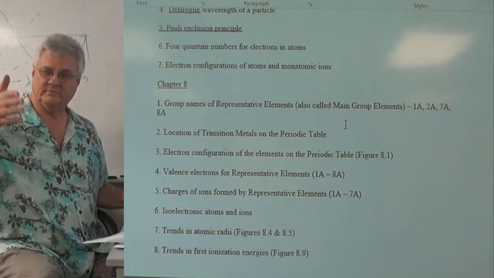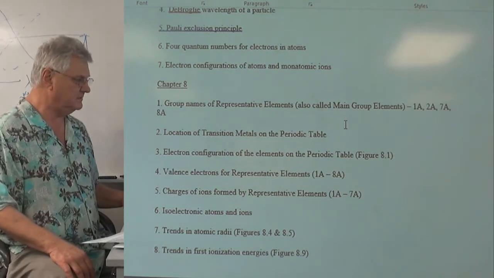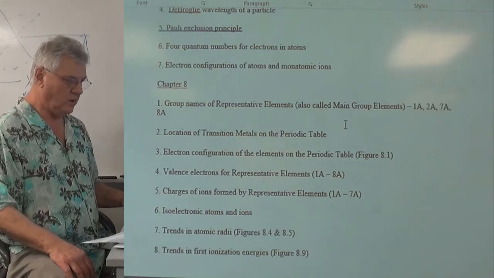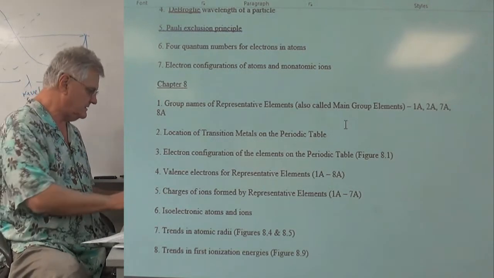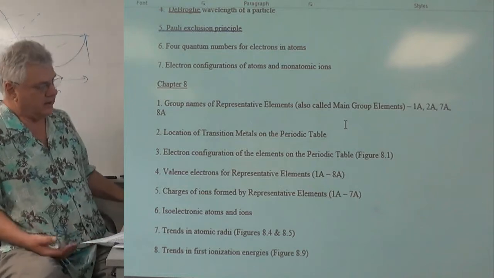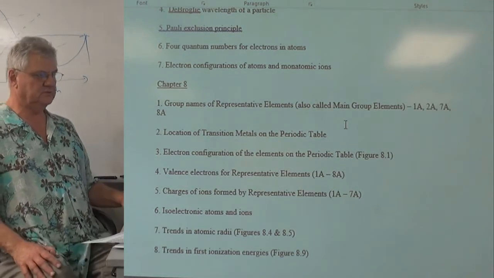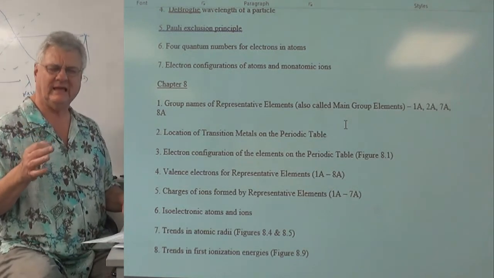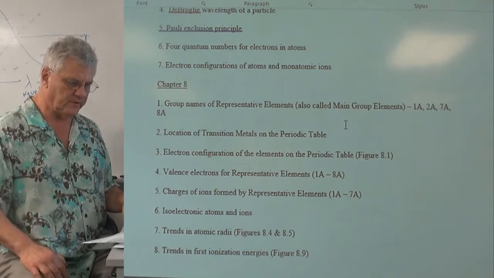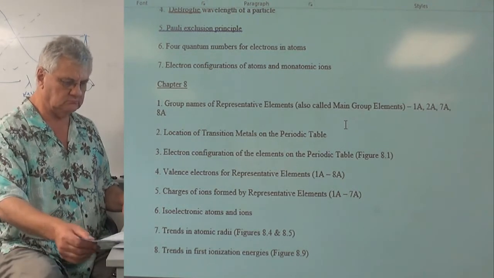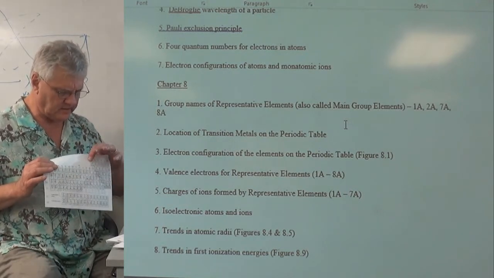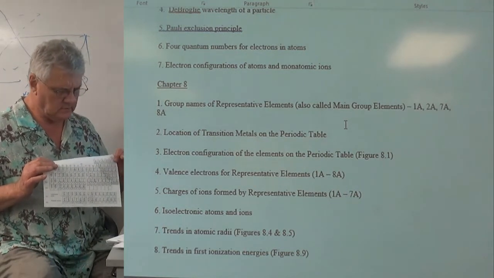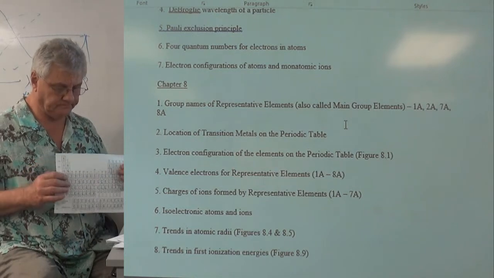Not all groups on the periodic table have names, but groups 1A, 2A, 7A, and 8A do, and they're part of the main group elements, which all end in the letter A. There are two main group columns, 1A and 2A on the left, and then the other main group elements, 3A through 8A on the right.